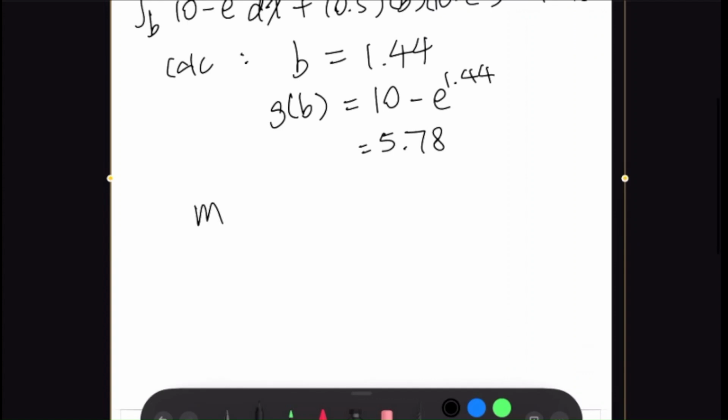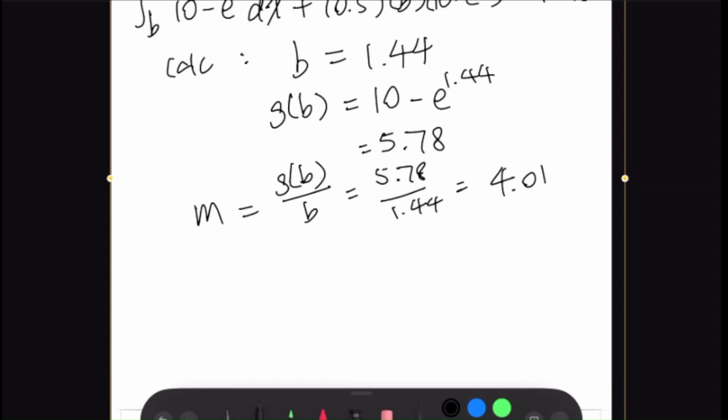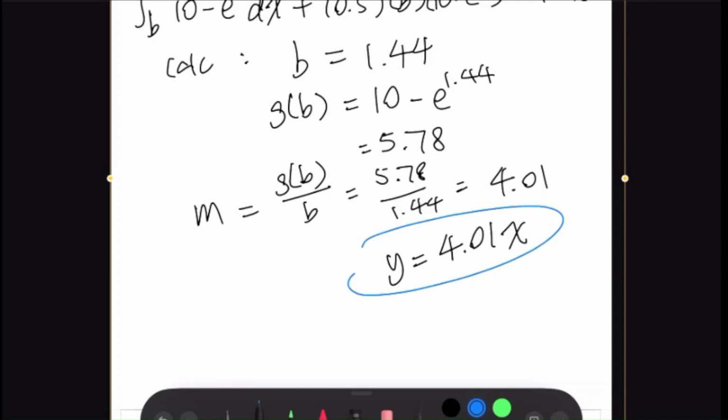And finally, to find m, all we need is g of b divided by b, 1.44, which, if we're lucky, should give us the final answer of 4.01, making y equal to 4.01x.